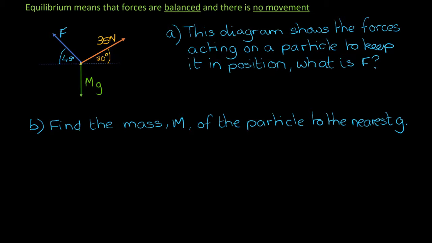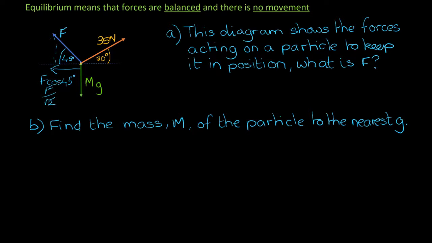So looking at it here, forming our triangle, we can see that this force here is adjacent, and therefore that's going to be F cos 45 degrees, and F cos 45 degrees is going to be F over root 2.